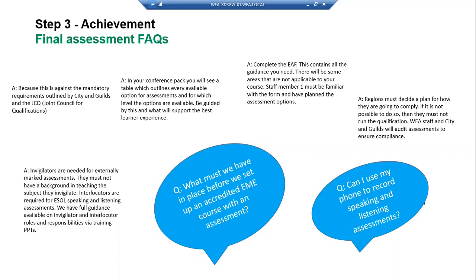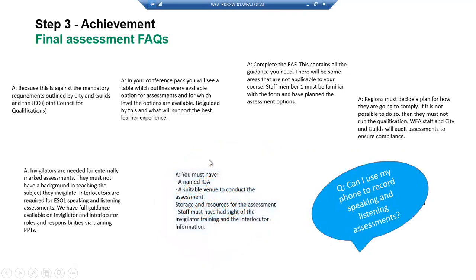We can distribute again. What must we have in place before we set up an accredited course? I think you're referring to an IQA here. Well, among other things, yes, there's a named IQA, a named one, not someone that's called question mark or guest or dot, although dot could be an IQA. A suitable venue, storage and resources for the assessment.